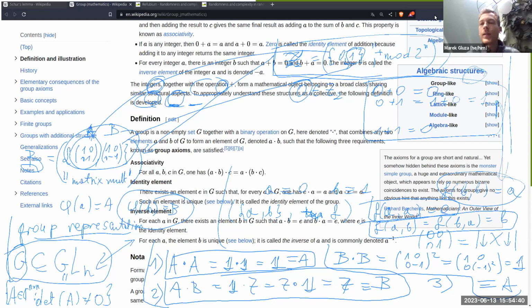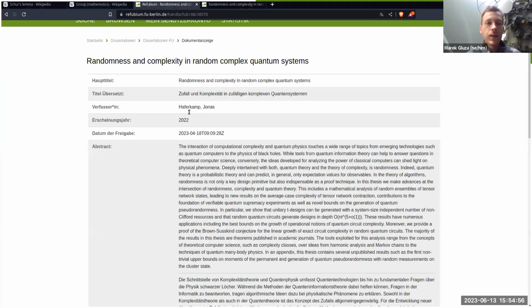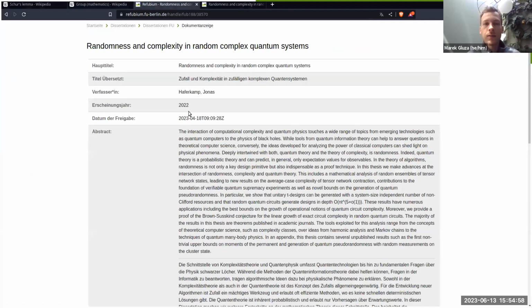So today we will talk about group averaging, which is very useful and so on. And that is actually useful for group representations, okay? This is a tutorial also showing a bit about research. So I found here a really good thesis by Jonas Haferkamp.